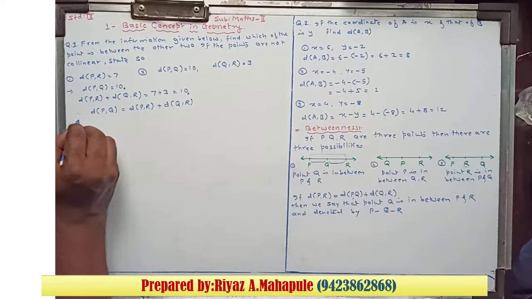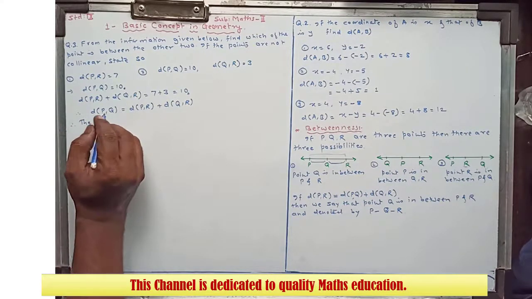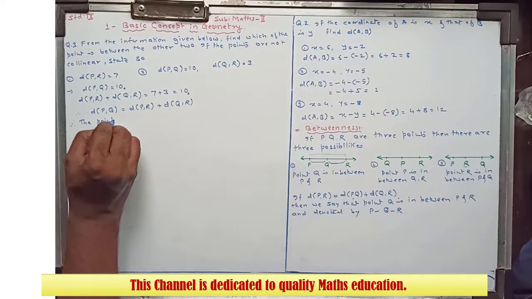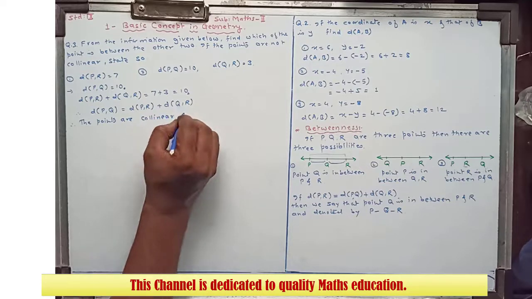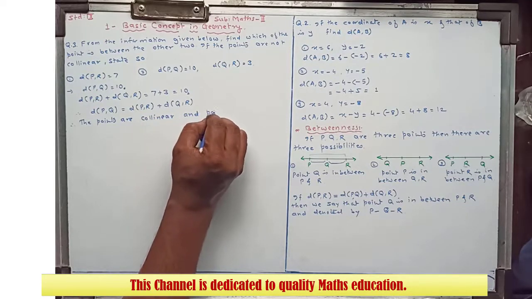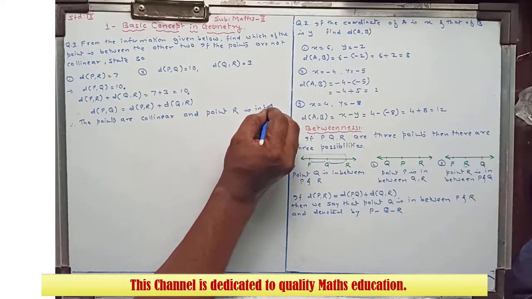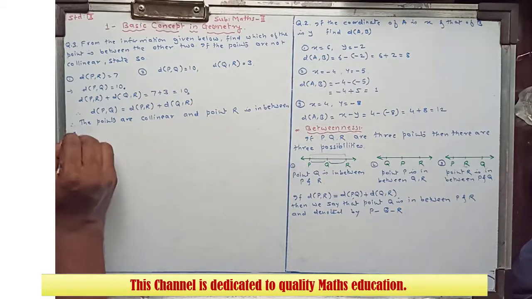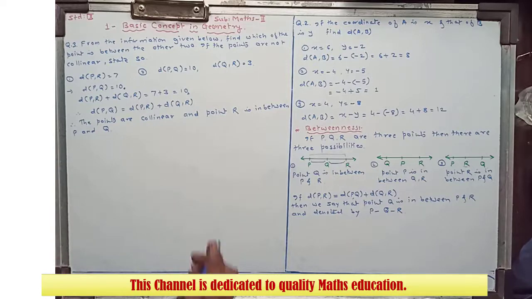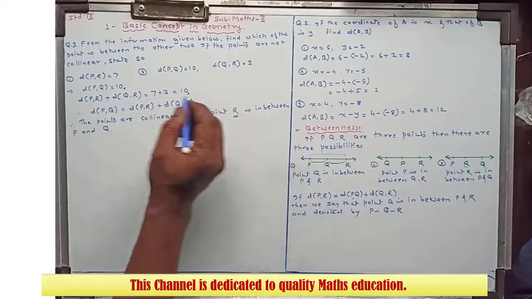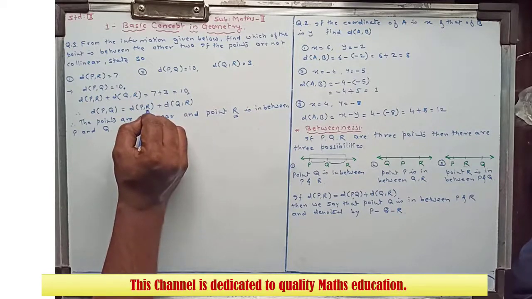Therefore we write, the points are collinear, and point R is in between P and Q. Now how did I decide point R? In the addition of the two distances, distance PR plus distance QR, see which point is common.